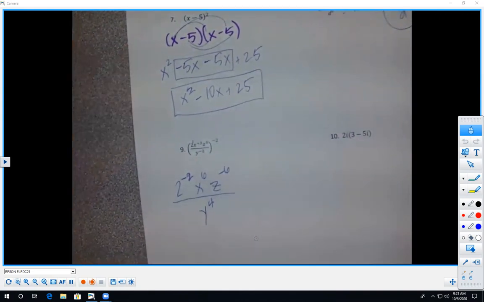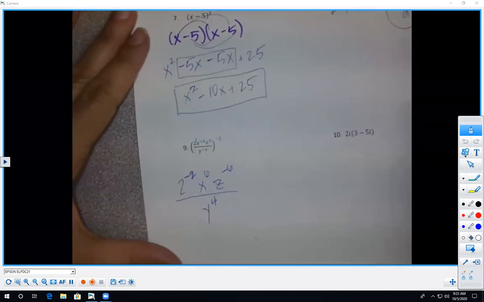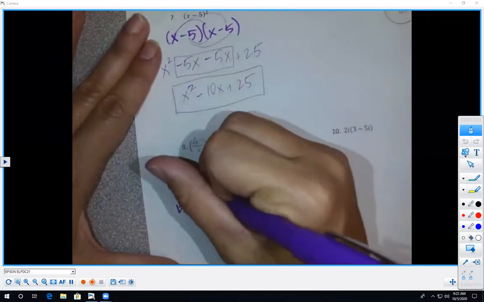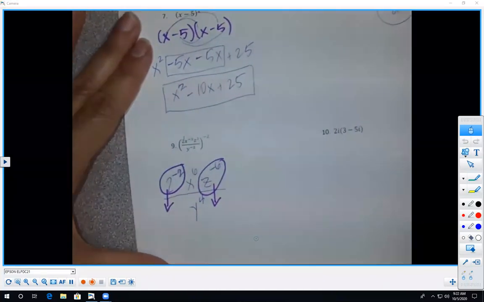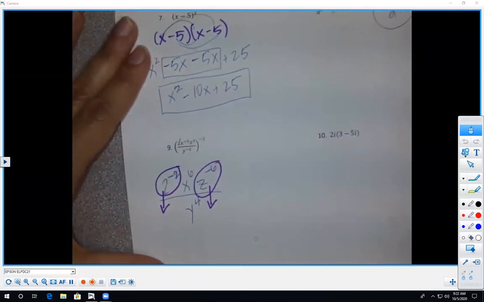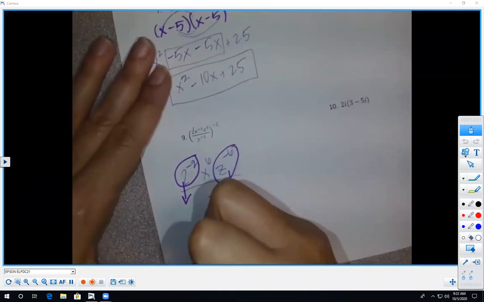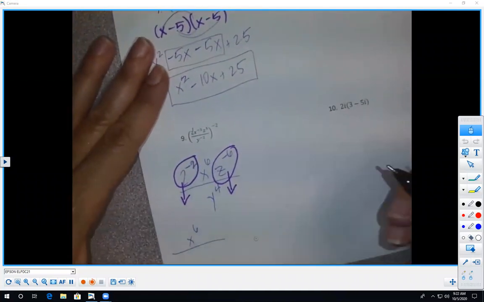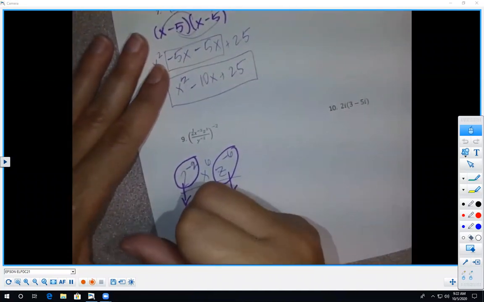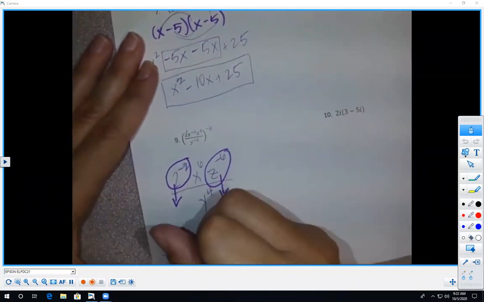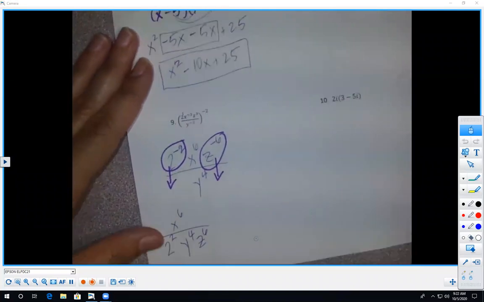Now I have things with the negative exponents. I need to fix those. How do I fix the things with negative exponents? Move them, right? 2 to the -2 is going to move down. z to the -6 is going to move down. Everything else is going to stay the same. So I'll get x to the 6th on top over 2 to the positive 2, y to the 4th, z to the 6th.